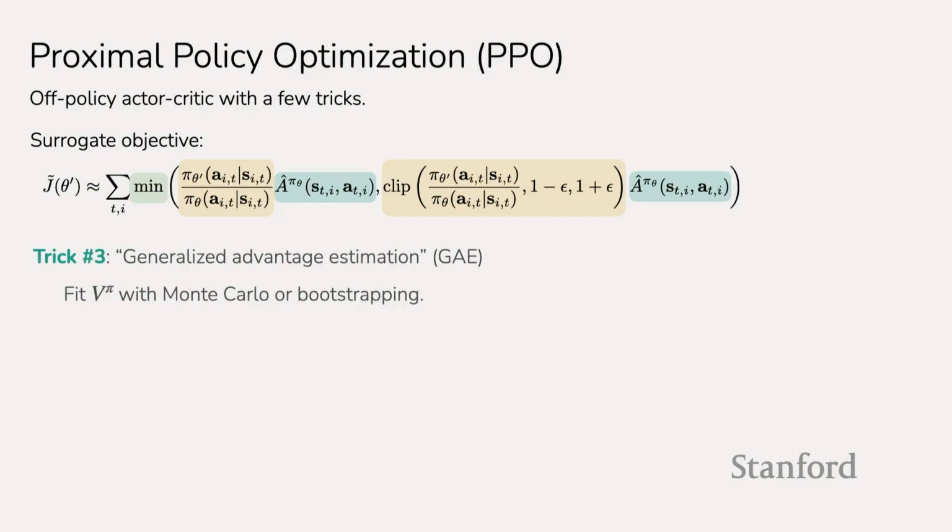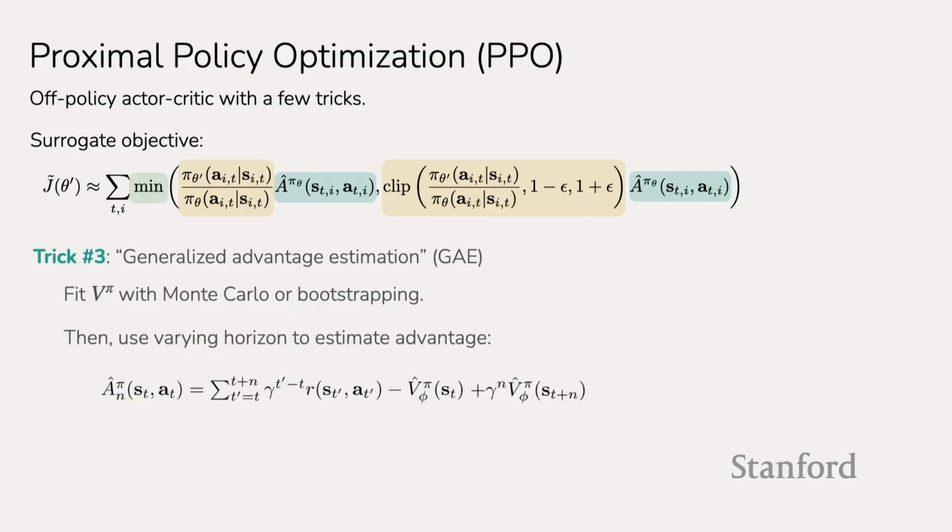The way that it works is you still could be fitting a value function V^pi in the normal way, either with Monte Carlo or bootstrapping. But then once you fit that value function, previously the equation for our advantage was the reward plus the next value minus the current value. And instead of just using a horizon of 1, it's actually going to use a varying horizon.